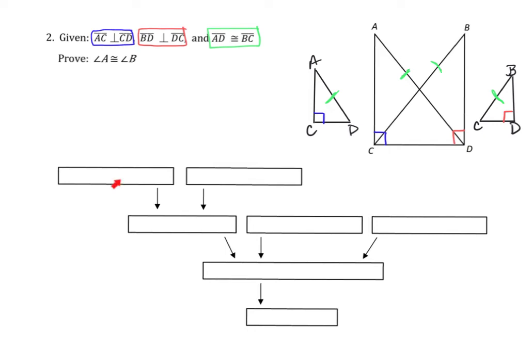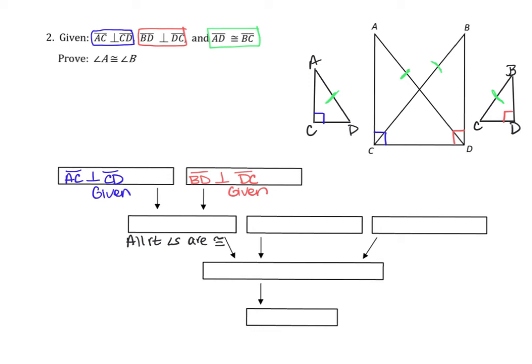So we have two boxes up here that are both going to lead to the same statement. So that's going to be these first two statements here. Because these two lines are perpendicular and these two lines are perpendicular, it's going to lead to two right angles, and all right angles are congruent.